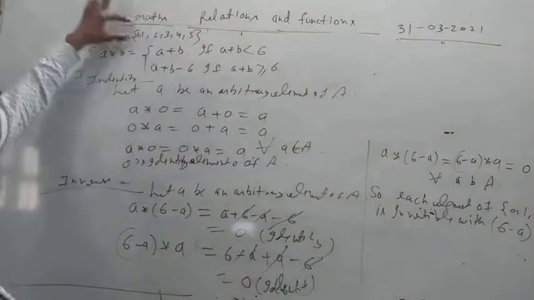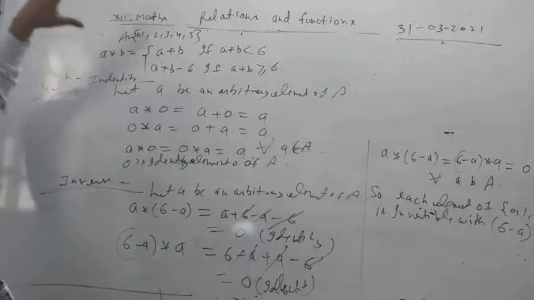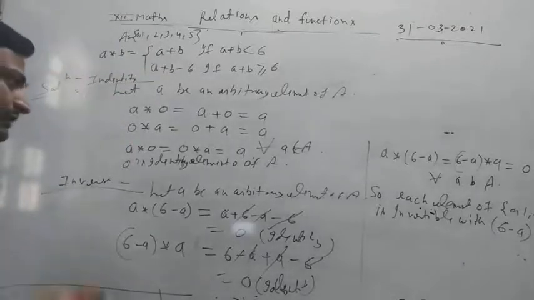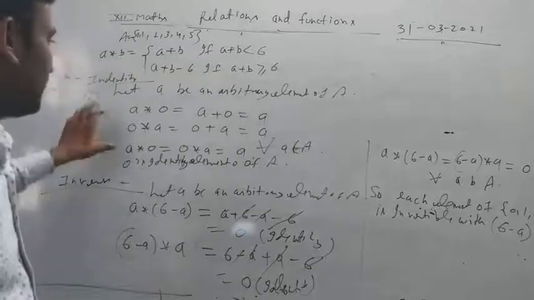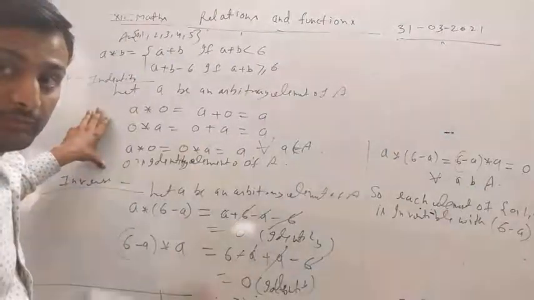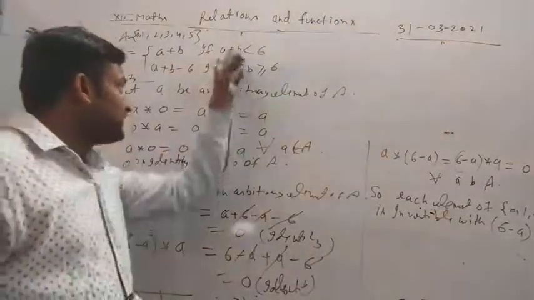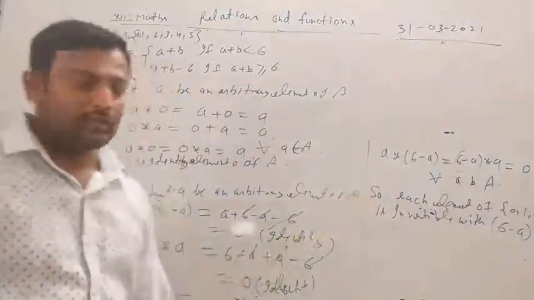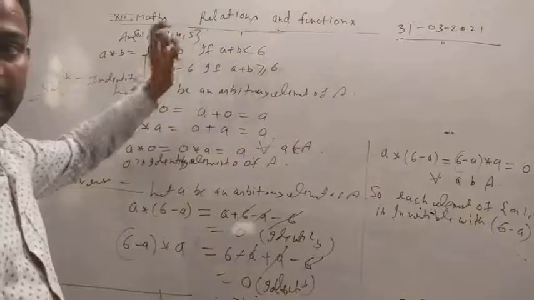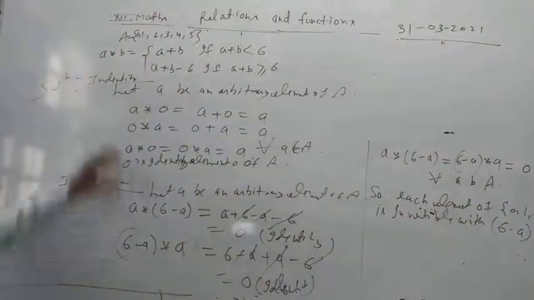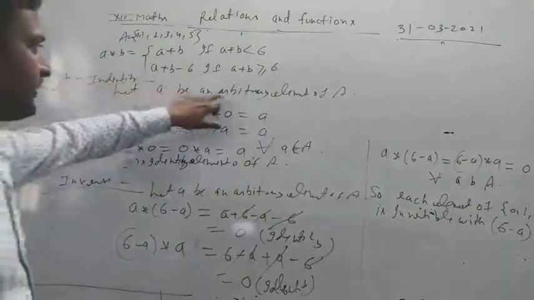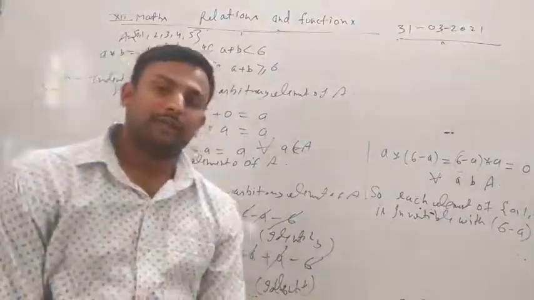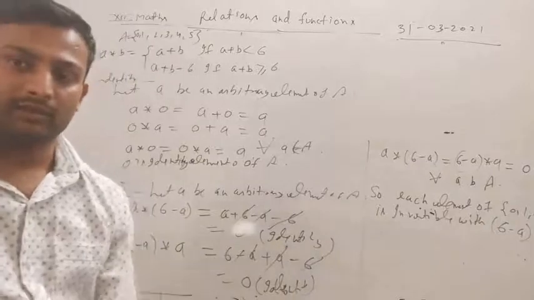Okay, so let's see once again, students. This is a set defined by this operation, and the question asks for its identity and its inverse. We have to prove that 0 is the identity element and 6 minus A is the inverse of any element of this set. For the identity element we take any arbitrary element of this set, and if we apply it with the identity element, it gives us that element.